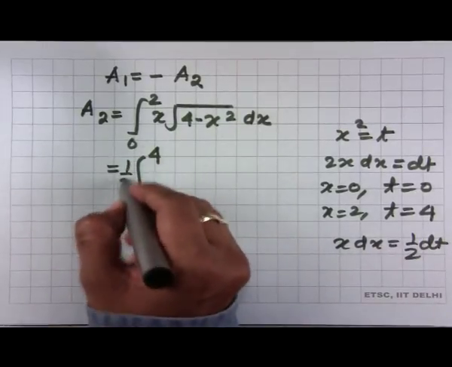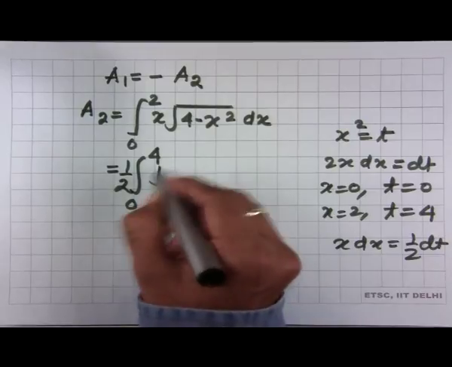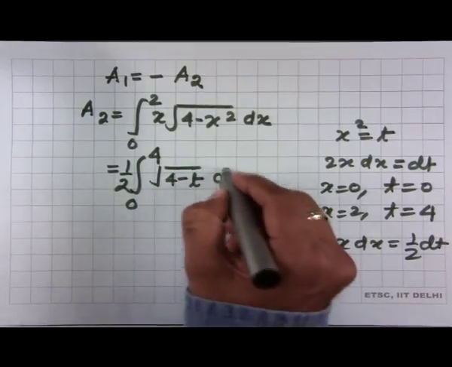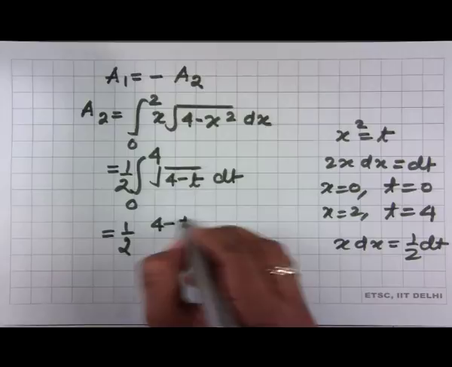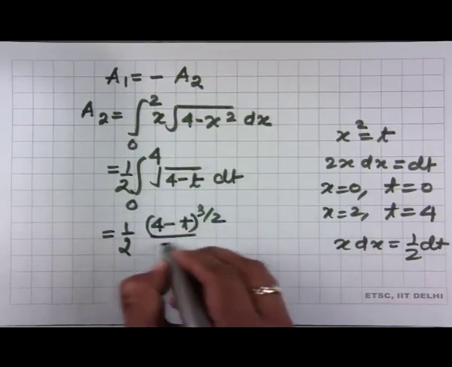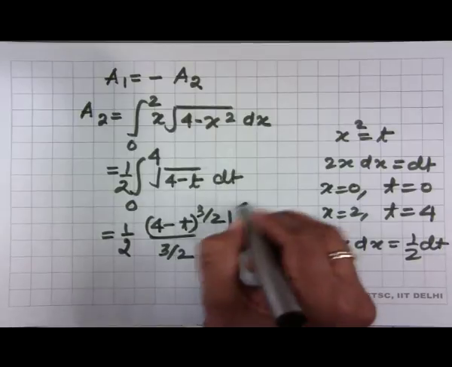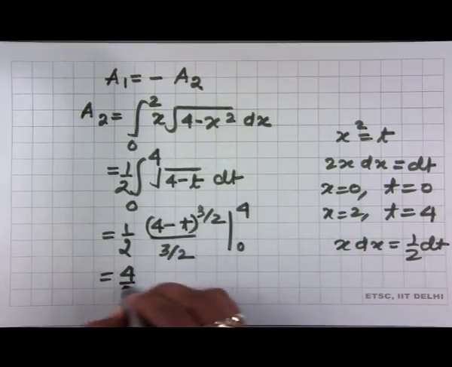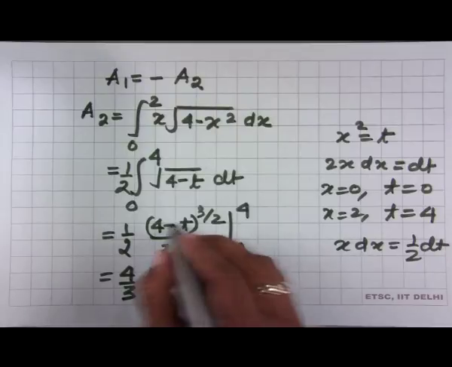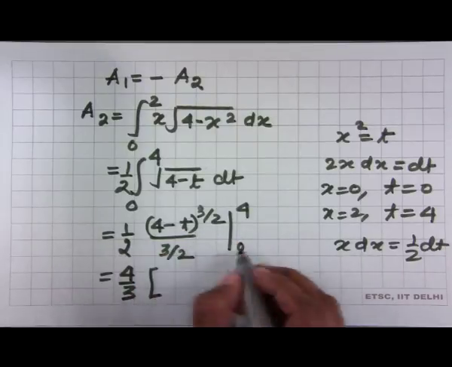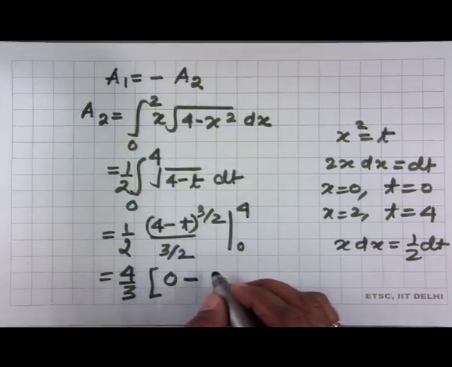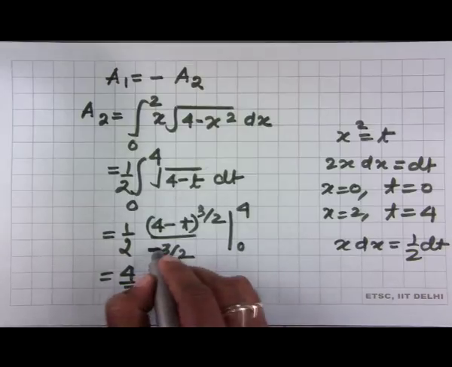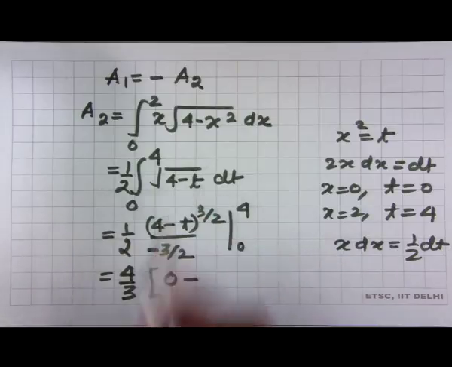So you get 1 by 2 integral of root 4 minus t dt, and integration will be from 0 to 4, with 4 minus t to the power 3 by 2 over 3 by 2. At 4 it will be 0, and at 0 it will be 0 minus, a minus sign will appear as you have minus t here.